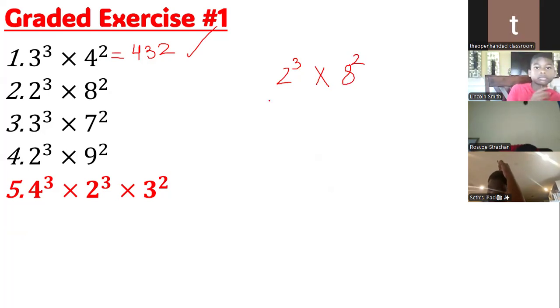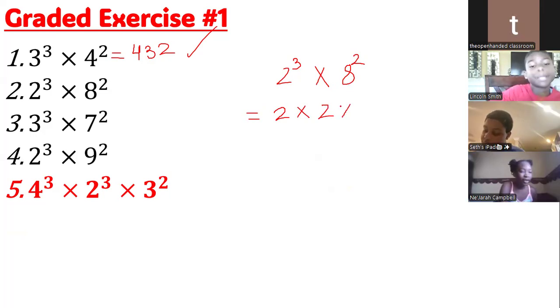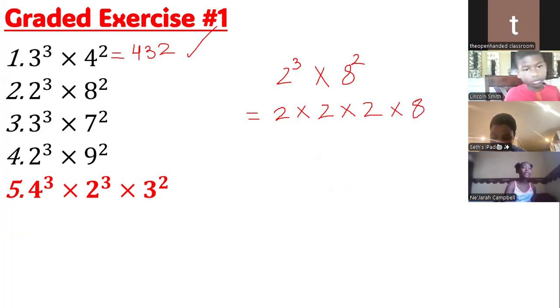And what is that going to be equal to? It's going to be 2 times 2 times 2. I accidentally put 2 times 3, and I made the correction though. Okay, good. Multiply by 8.